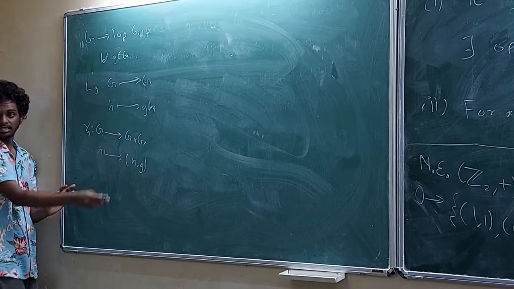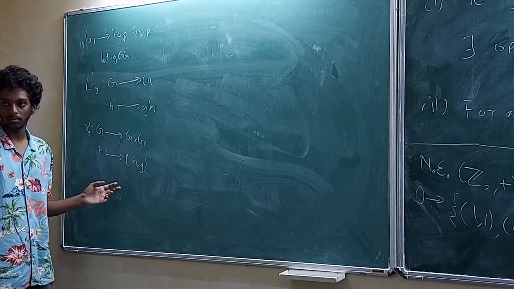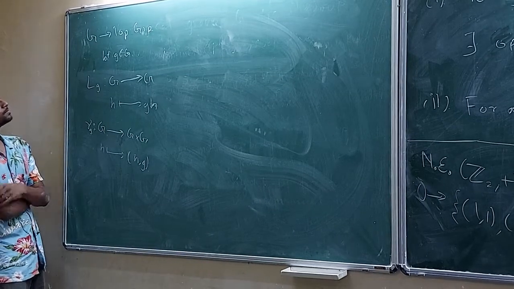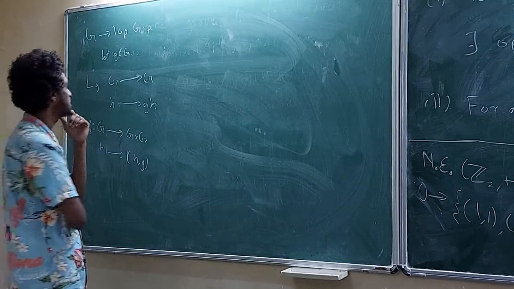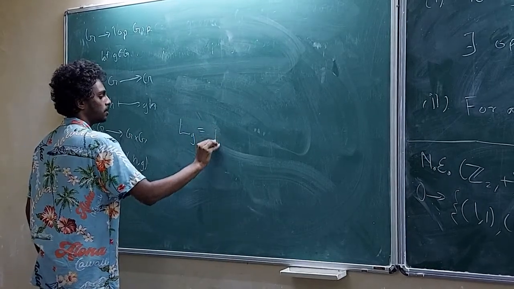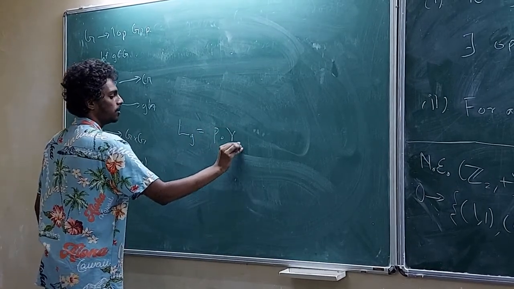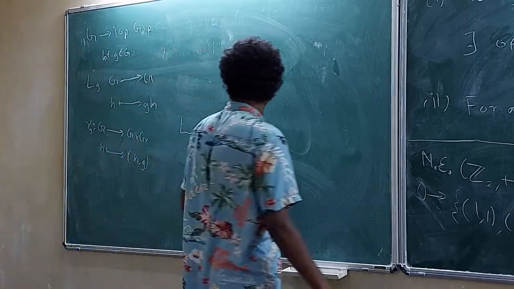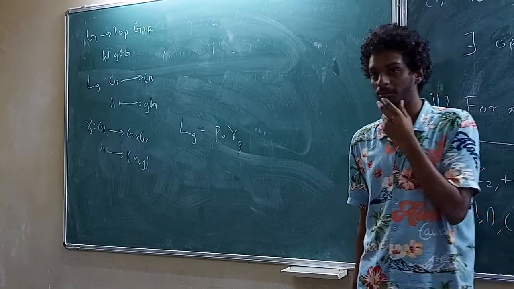This is an injective and continuous map, obviously. So this is continuous, and so L_g is nothing but the product composed with gamma_g. Two continuous maps, and we took their composition. So L_g is in fact a continuous map.